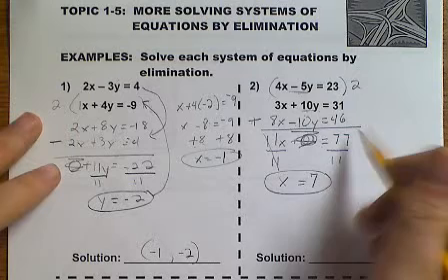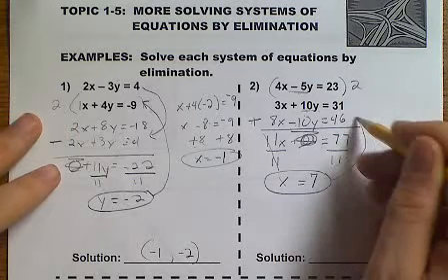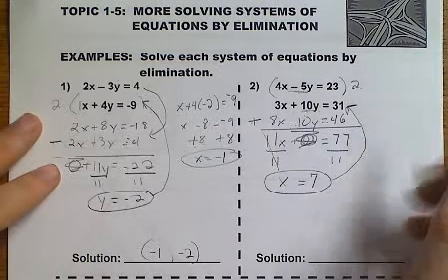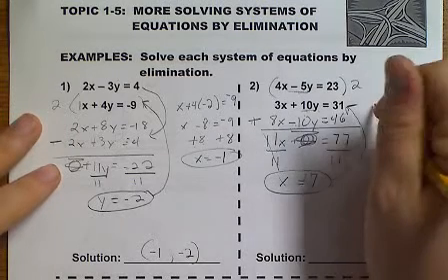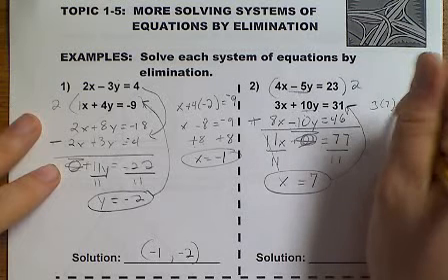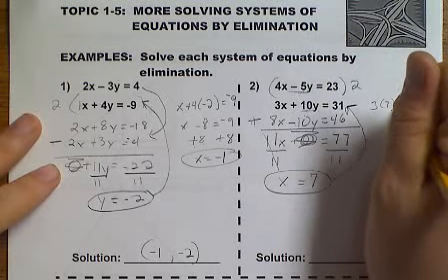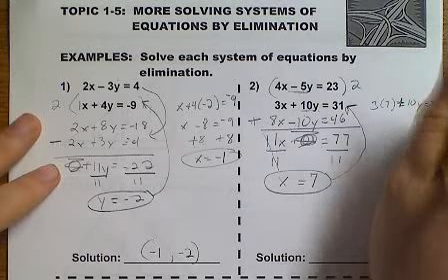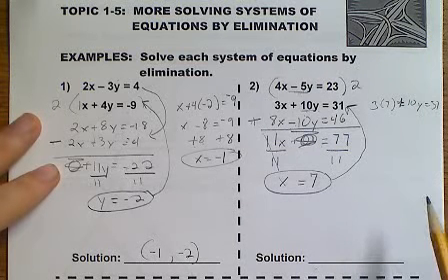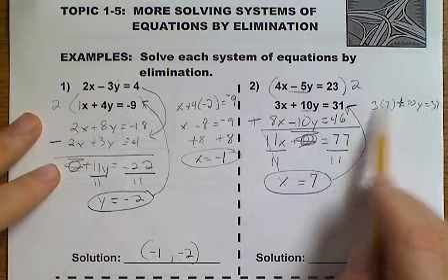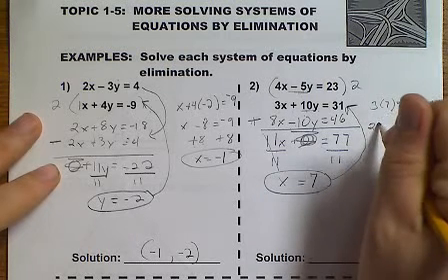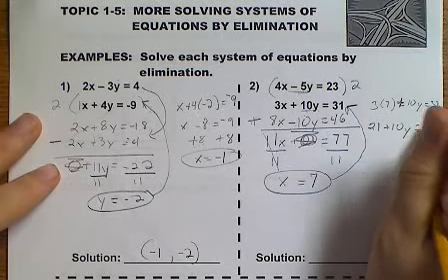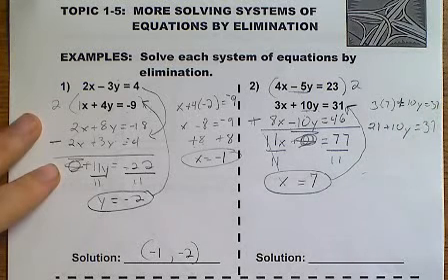Take this equation, plug it into either one. I like 3 and 10. So 3 times 7 plus 10y equals 31. Well, 3 times 7, that's 21, plus 10y equals 31.